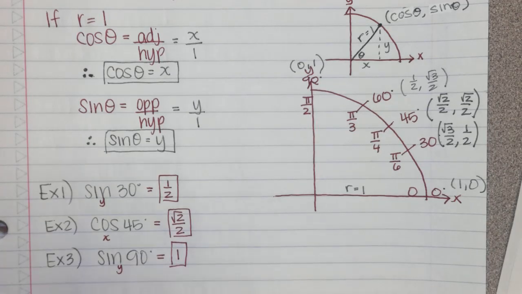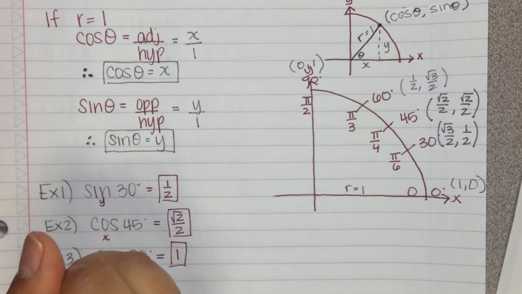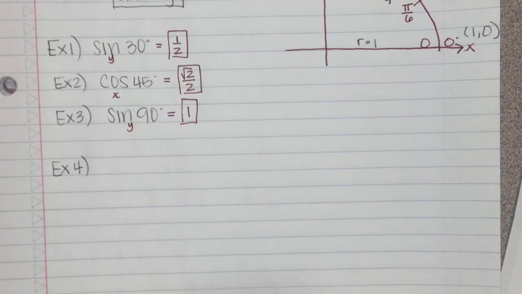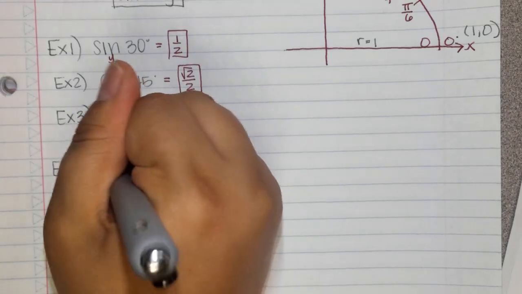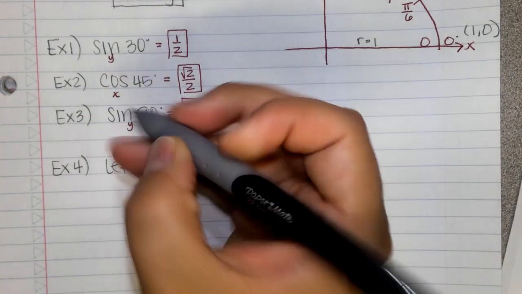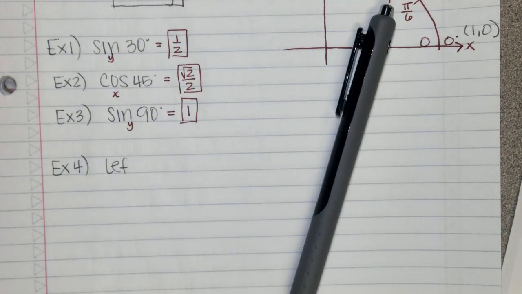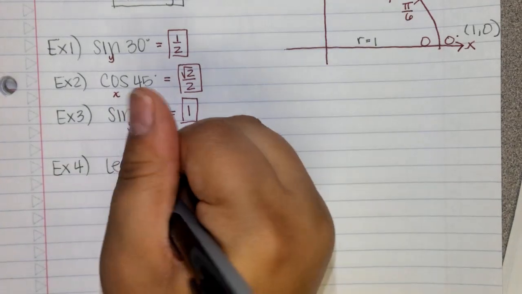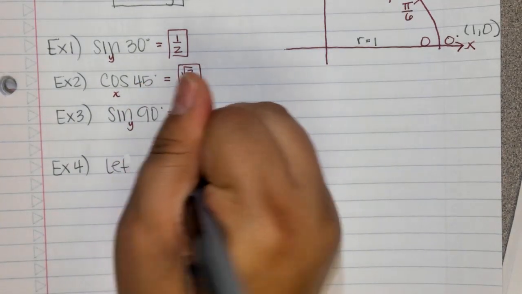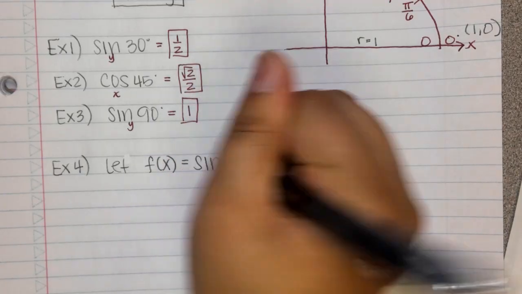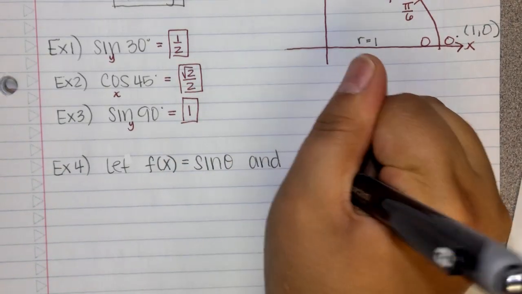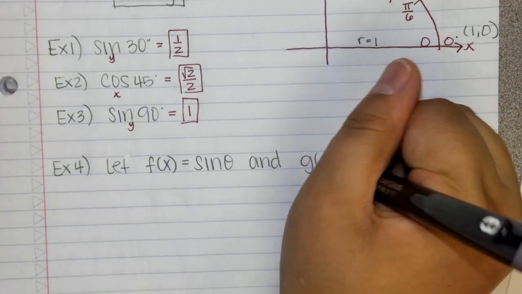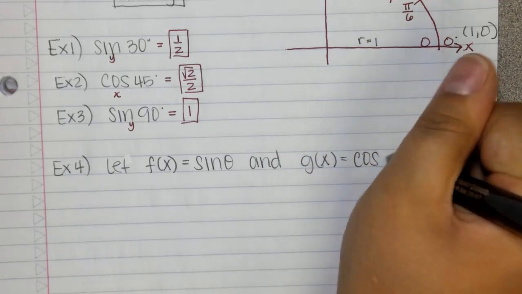Another example that you're going to see on your homework is like example 4. It's going to say, that should not say left. I can't write today. Let f of x equal sine of theta and g of x equal cosine of theta.